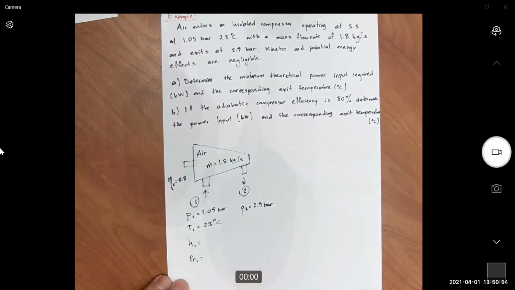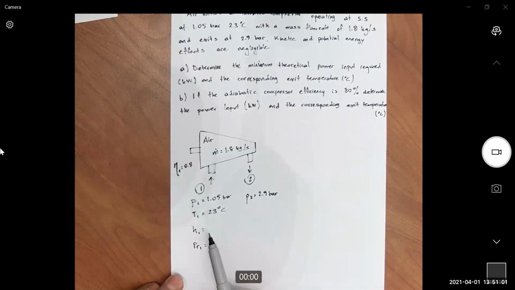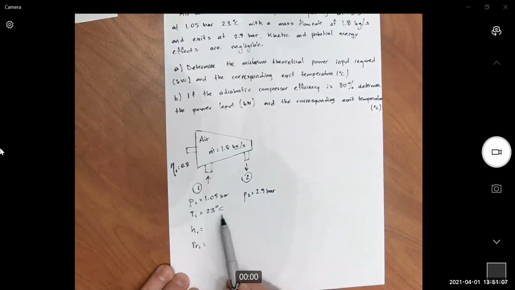By evaluating H1 and PR1 from the table, using pressure and temperature, here is an ideal gas. If you go to the air ideal gas table, at this temperature, which is around 300 Kelvin, you can read H1, PR1, if you have the exact value.